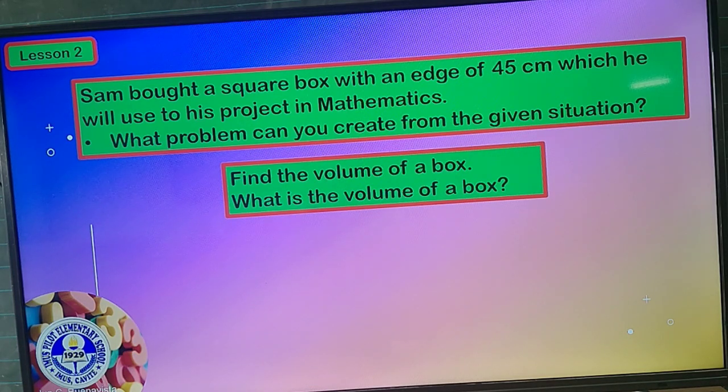I will show you how to make a complete answer out of those two situations, going back to the balikbayan box and then the Sam bought a square box. Okay, in order for you to know how to write the proper problem, you can also answer out of your problem that is being created or constructed.